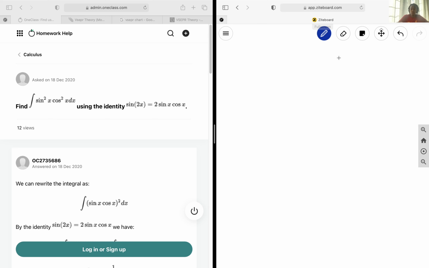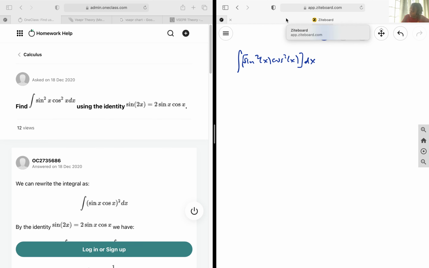Okay, so for our next question, we are looking for the integral of sine squared x cos squared x dx.